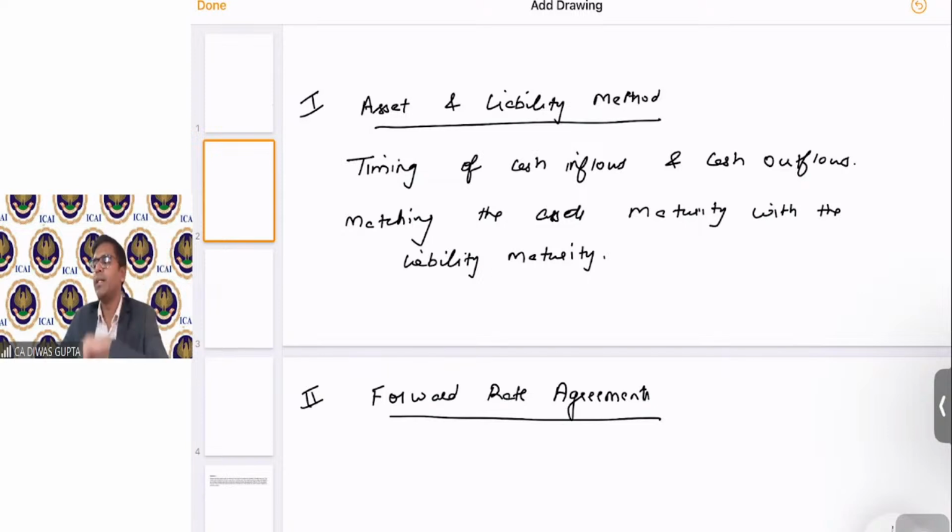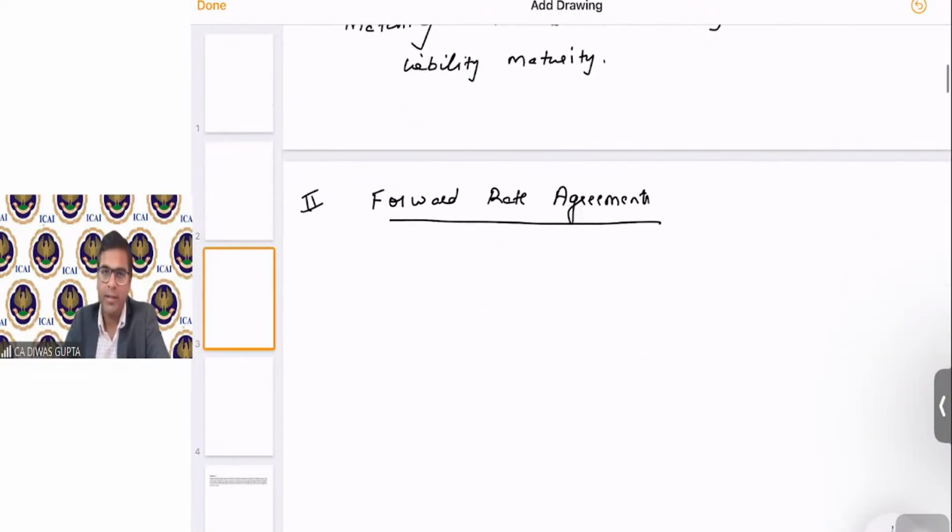Now hear me out, students. All of us know that there is an interbank market, correct? What do I mean by interbank market? Where banks are lending or borrowing money among themselves. That is called the interbank market, in which a retail investor or a retail borrower is not allowed to participate.